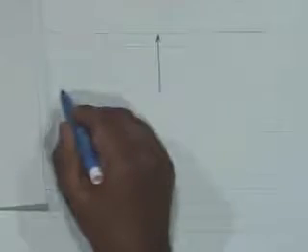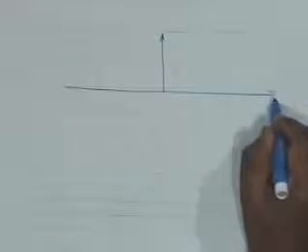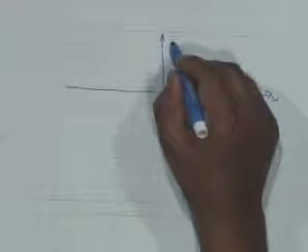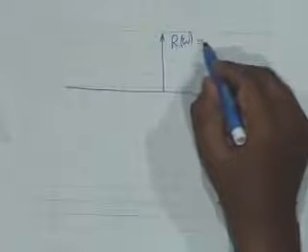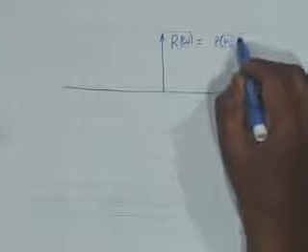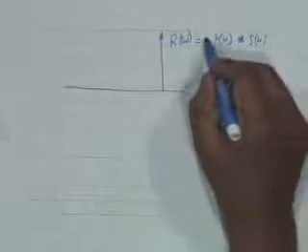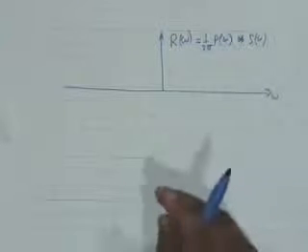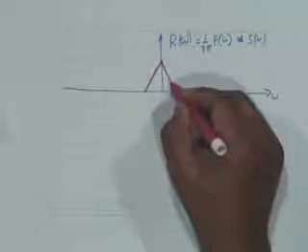Let us suppose, well, let's draw the picture and see what happens. A picture, therefore, shall be like this. What we are plotting is R of omega, which is the convolution of P omega with S omega, and of course there is a factor of 1 by 2 pi. Let's ignore the multiplying factors. The shape of the spectrum shall therefore be something like this.